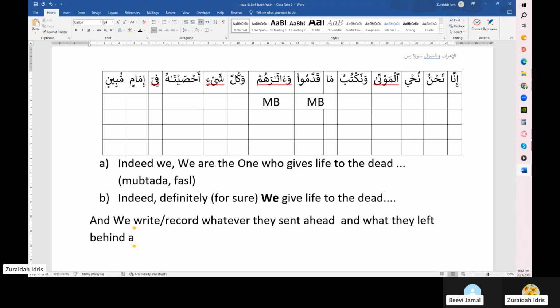Yeah. And وَكُلَّ شَيْءٍ, and everything. We had kulla shay'in, which is singular and common, and will be translated everything. Like every single thing. Actually, if it's min, then it will be every single thing, right?